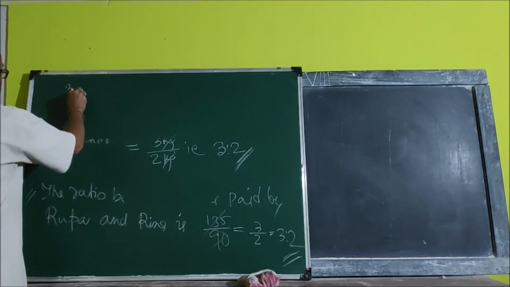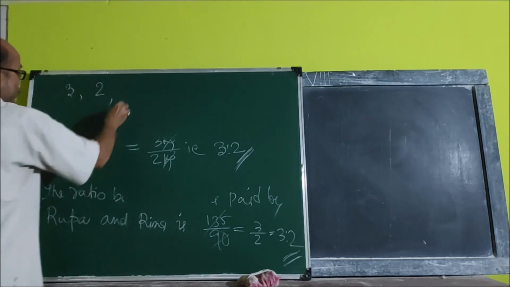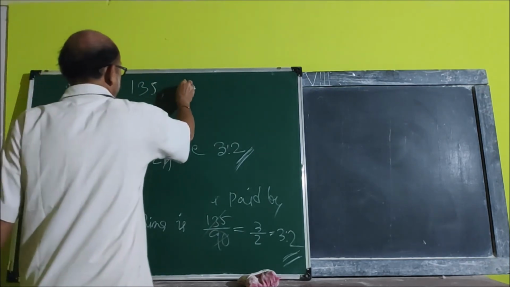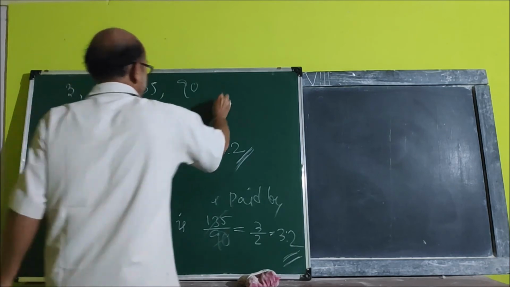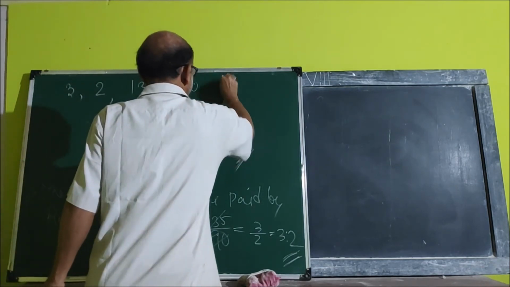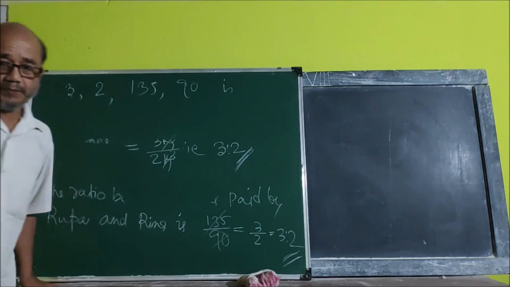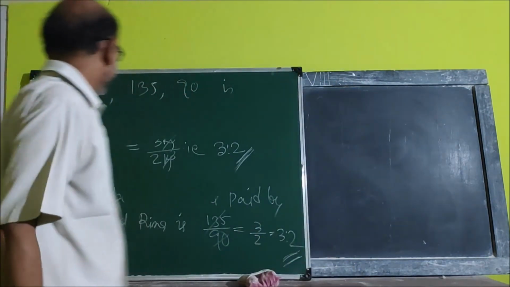It means 3 to 2 and 135 to 90 is a proportion.